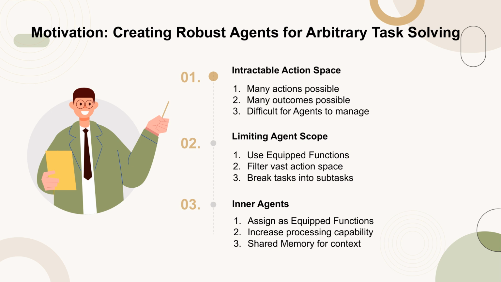This approach increases the processing capability of the agent, similar to how a manager distributes tasks among workers with specialized skills. To ensure these inner agents can perform their tasks effectively, a shared memory system is implemented, providing context and coordination among the meta agent, equipped functions, and inner agents, as depicted in Figure 4.